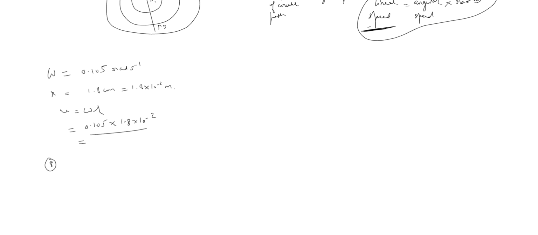This is 90 degrees, right, sir? 90 degrees, you are writing radians per second, so convert 90 degrees to radians. 1 by 30 pi.